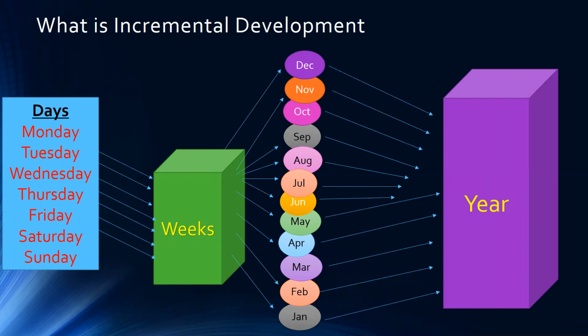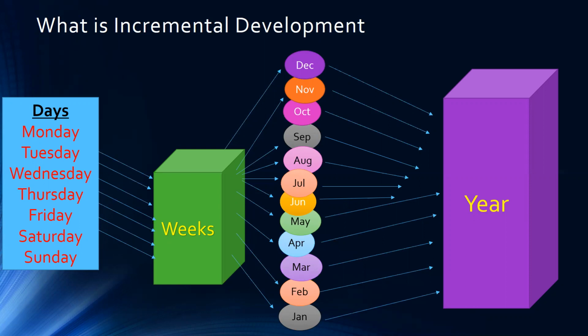So now you can say that every day you sleep, you eat, you study, you play, you go for a job. So every day is incrementing, and all those days increment to weeks, and those weeks increment to months, and 12 months increment a year.